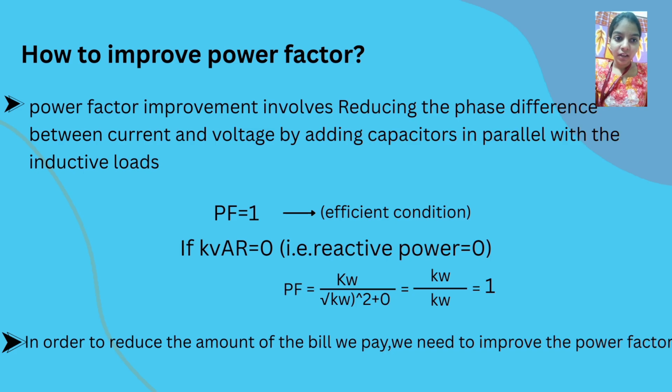If we bring the reactive power to 0, then we will get the power factor equals 1. That means we will pay the bill only for the used power. In order to reduce the amount of the bill we pay, we need to improve the power factor.